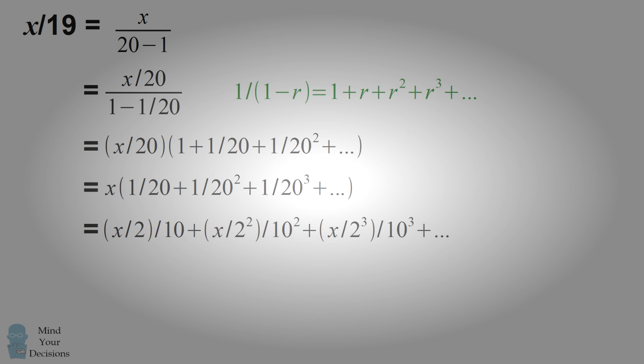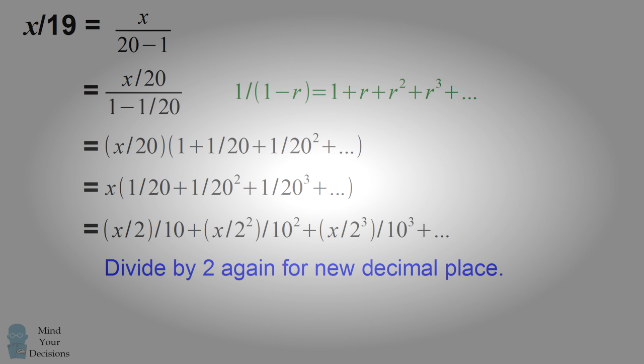So that second term in our expansion is going to give us the next value of the decimal. So this is how we're repeatedly dividing again by 2 to get the new decimal place. Each decimal place is the value for the next power of 10, and you can clearly see the numerators in each time we're dividing by 2 again.